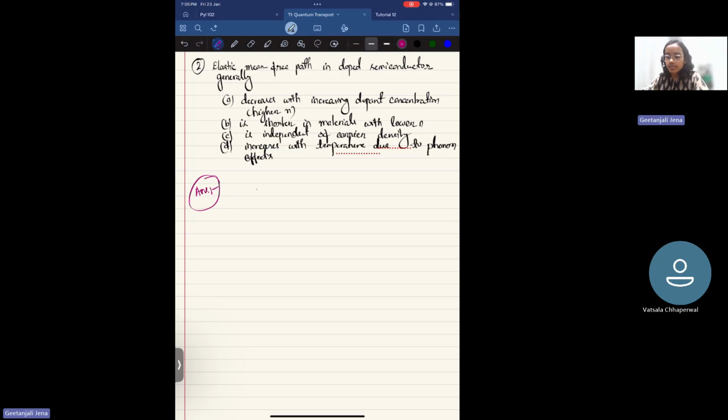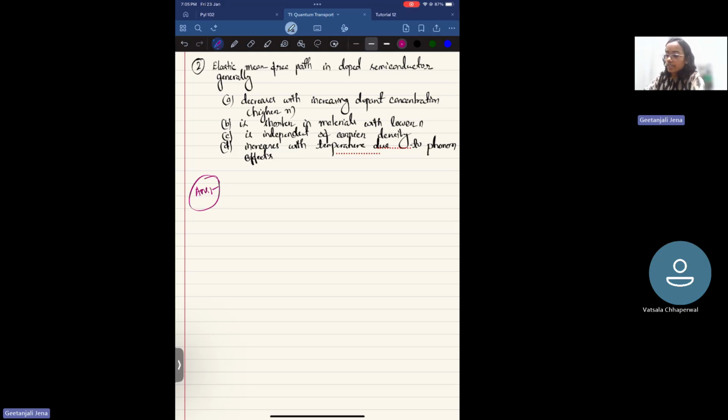So the elastic mean path is the scattering due to the doping ions. The inelastic mean path is due to phonon or electron scattering.